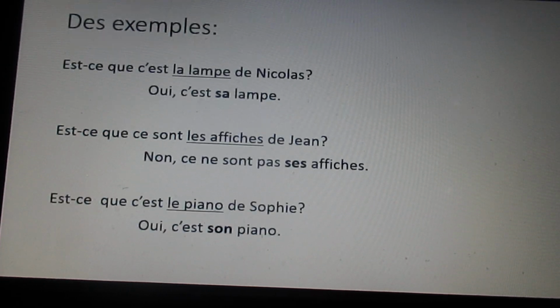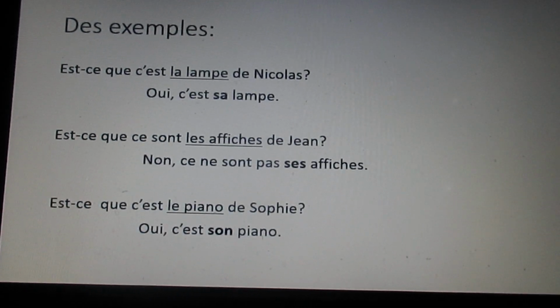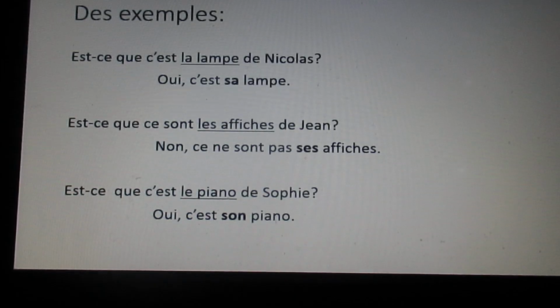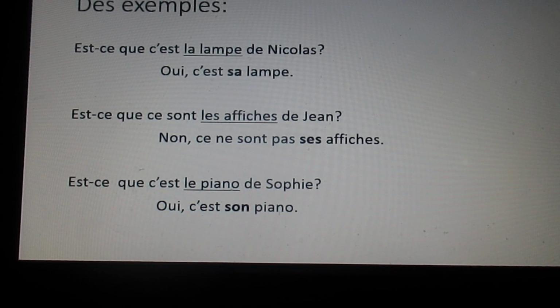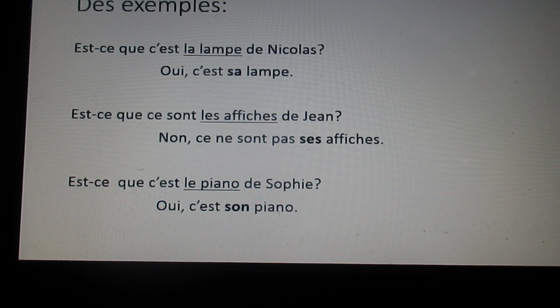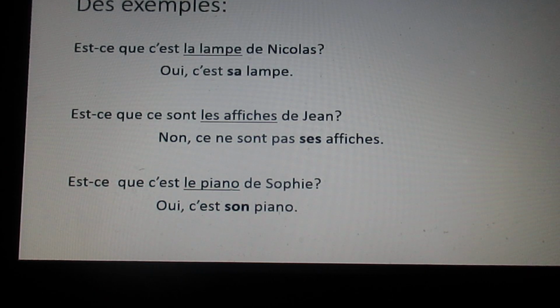A few other examples here. If we ask the question, est-ce que c'est la lampe de Nicolas? Is it Nicholas's lamp? Oui, c'est sa lampe. Yes, it's his lamp, right? So sa lampe, the sa is because it's la lampe, singular and feminine.